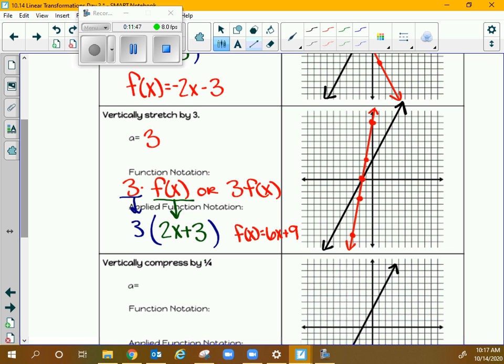My line got steeper, and it still shared that point. What the point is doesn't matter. So it's positive 6 over positive 1.